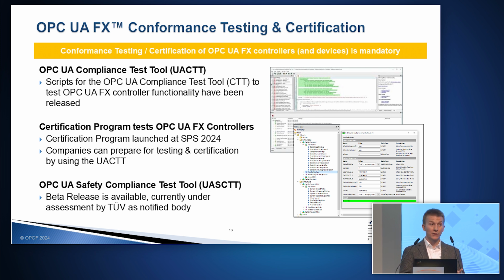It will inject errors. It will try to break your automation component. But at the end, you have an automated test tool which is provided to all our members with which you can prepare yourself for certification testing, and just do that besides your whole development.